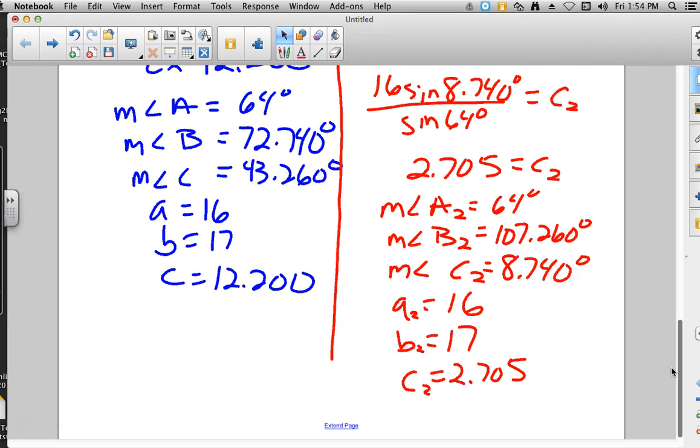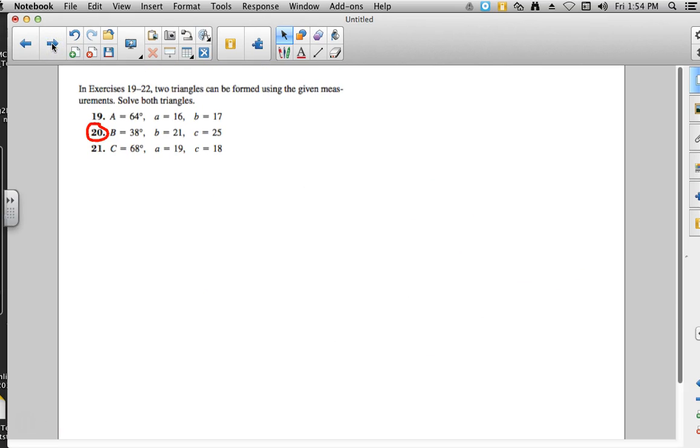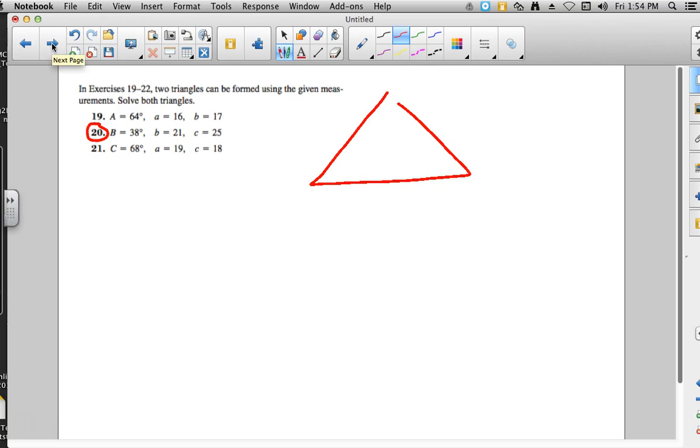You know, and again, I included that step of checking to see, should we really have two solutions? So I'm going to do that again with number 20. So number 20 gives me angle B, and then the opposite side, little b is 21. And I want to place that C value over here so that I will have angle side side, because I have to have that.